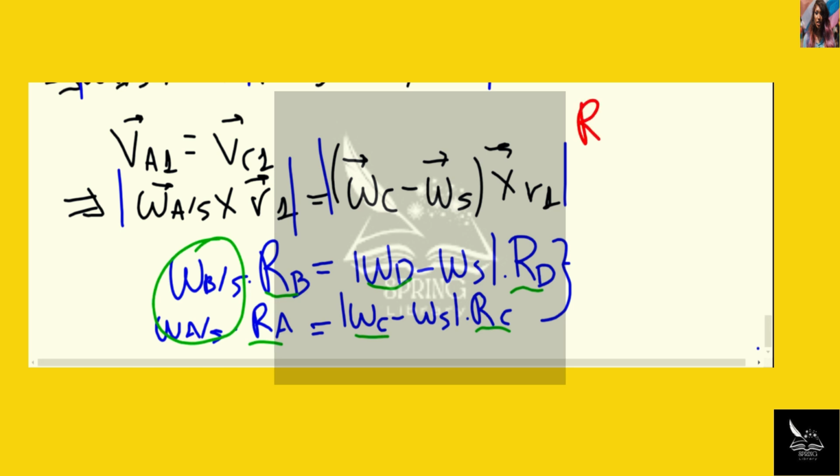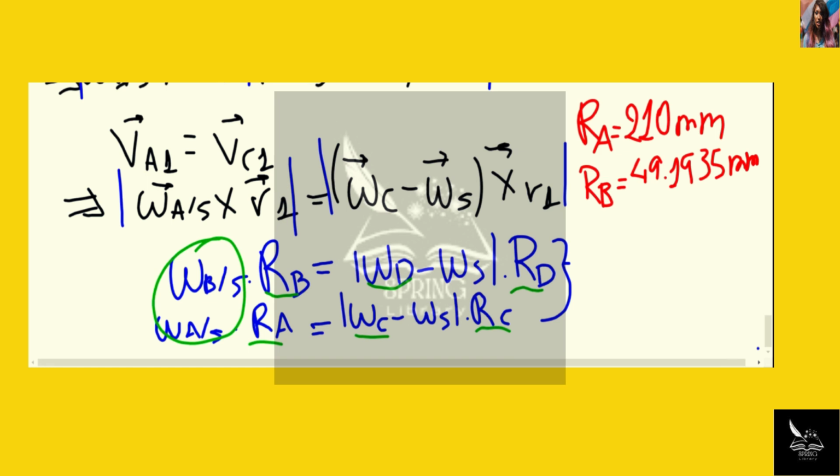And if someone does the calculations, eliminate these two and use the fact that small r A equals 10 millimeters, and capital R B equals 49.1935 millimeters. And solve for omega S.